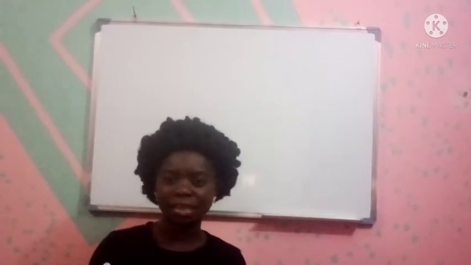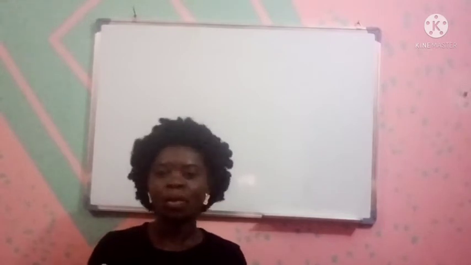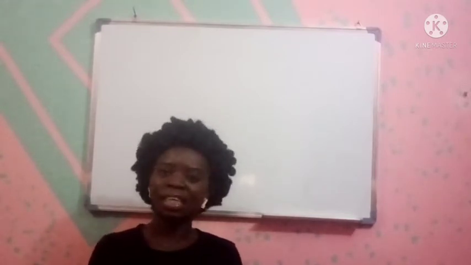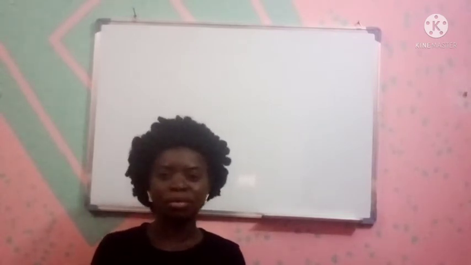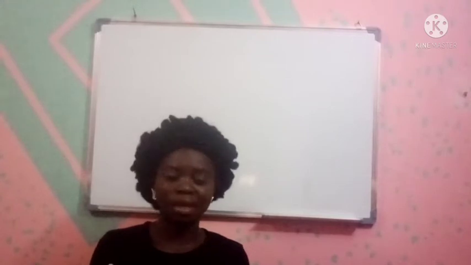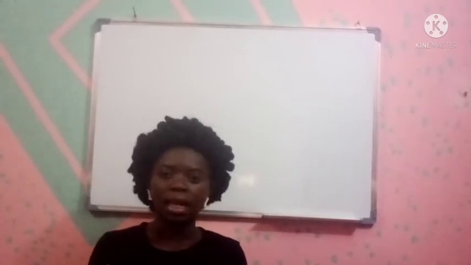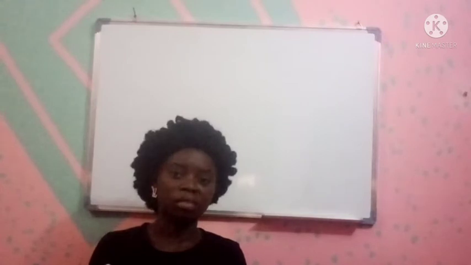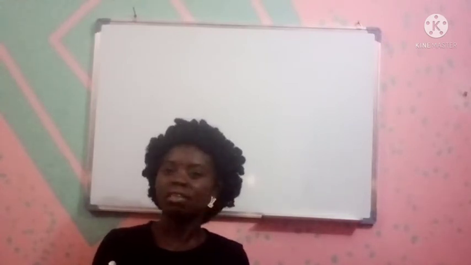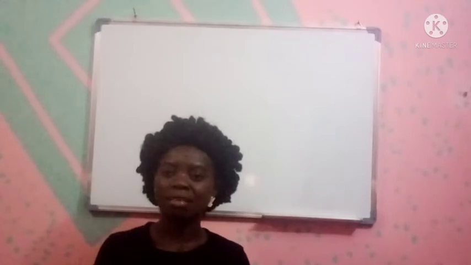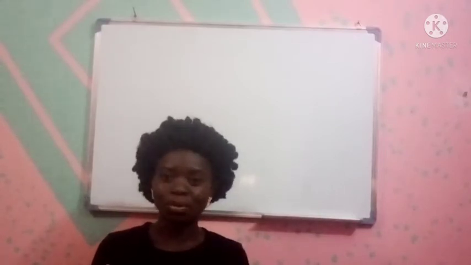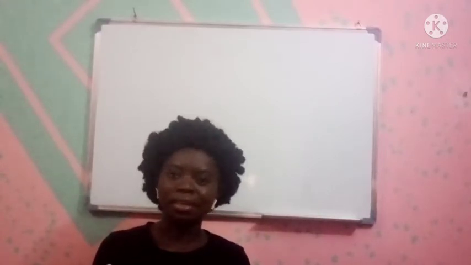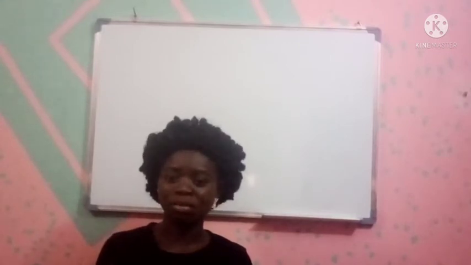If I stand here right now and tell you that your first 20 elements are hydrogen, helium, lithium, beryllium, boron, carbon, some of you will say, okay, I know, I have done this in SS1, at senior secondary school level 1. But is there a formula I can conveniently remember, just like an acronym, that anytime I want to write out the first 20 elements I'll be able to bring them out conveniently?